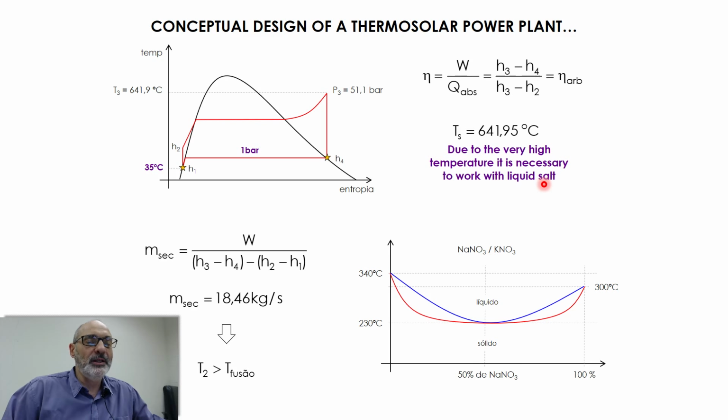Let's see the possibilities. I'm not showing you all the possibilities, I'm showing you the best solution for our case, this mixture of salts here. If you look at the equilibrium diagram of this mixture, here you have temperature, and here you have concentration, and below the red line, everything is solid.